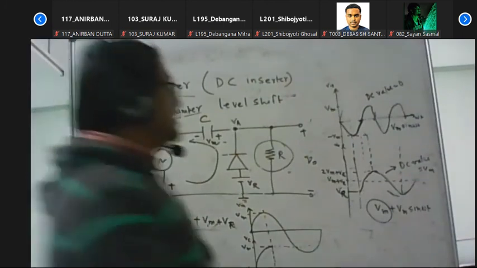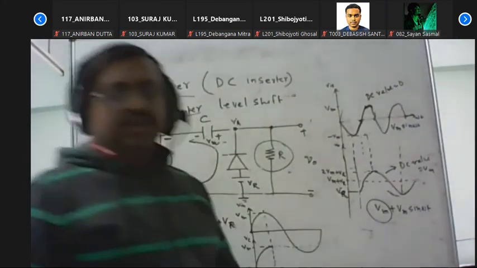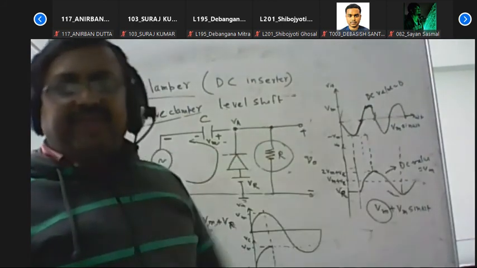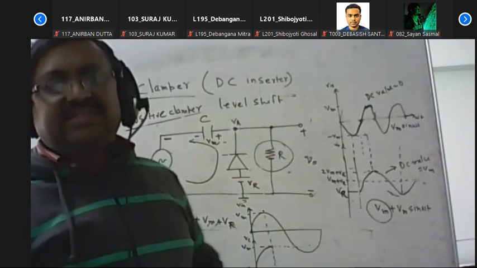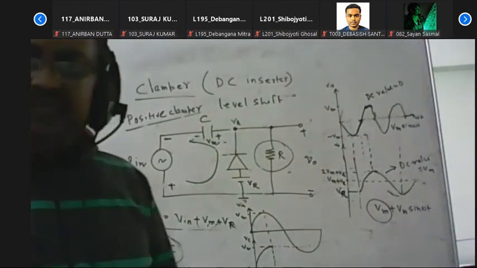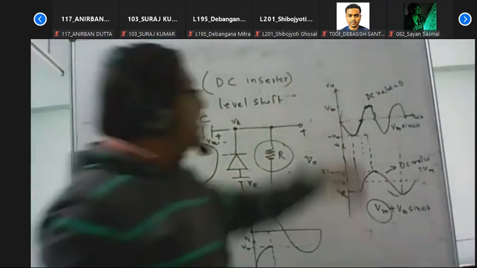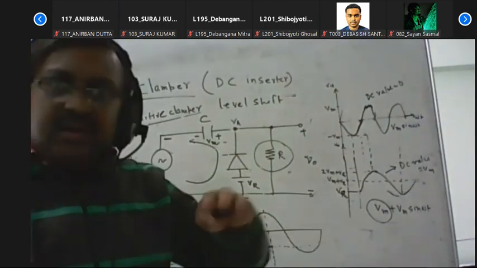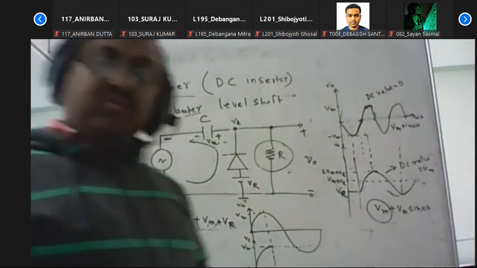In that case, we just shift the signal to a lower level, then the noise is not added. So if we need to remove the distortion due to noise, we can shift the signal to a lower level, or sometimes move it to the upper level. That removes the distortion.